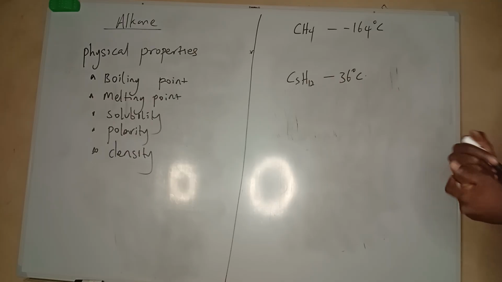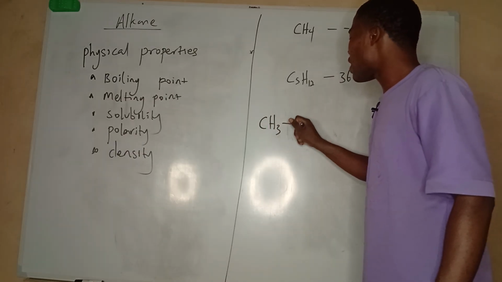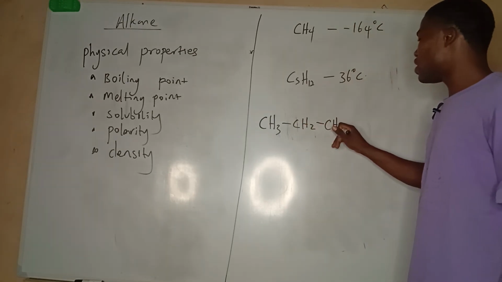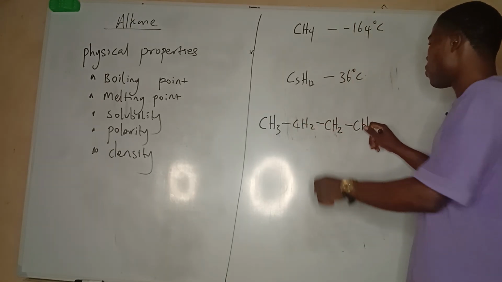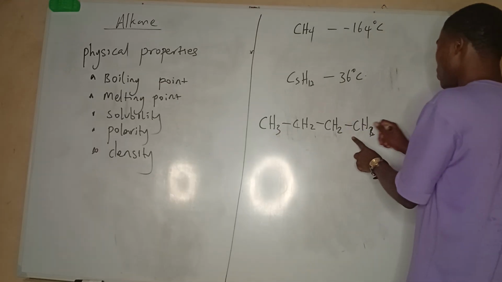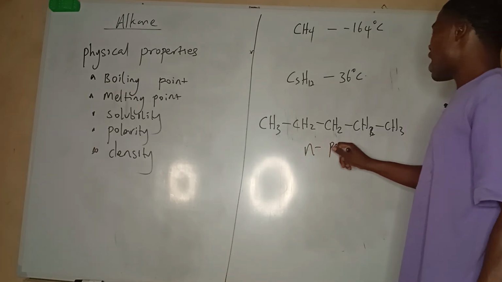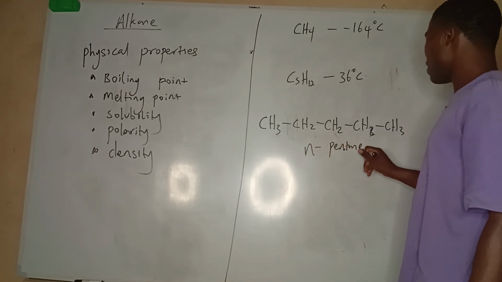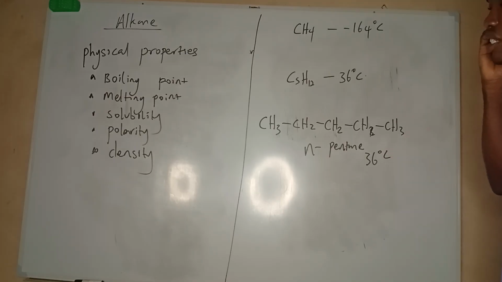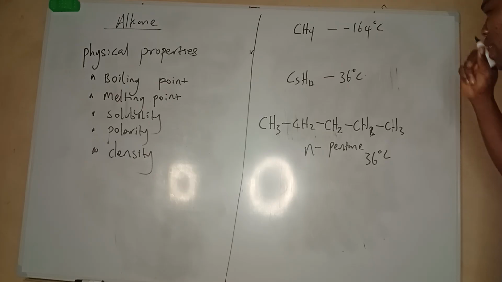But I'll quickly talk about something very dicey. You have an alkane like this: CH3, CH2, CH2, CH2, CH3. I'll work with this pentane, a normal pentane. Normal pentane has a boiling point of around 36 degrees Celsius. Now, something that affects boiling point in a very strange way is known as branching.